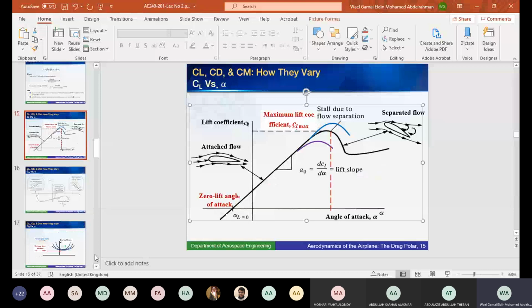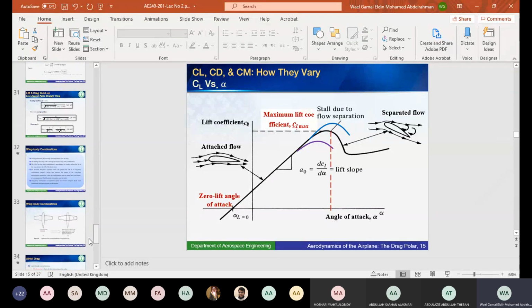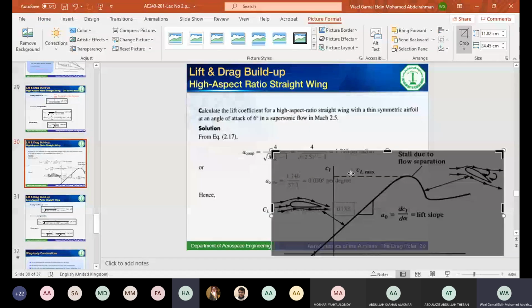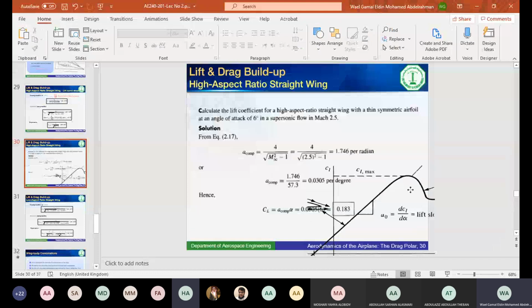And let's put it in here. I don't need all of that. Let's just make it smaller. Okay.